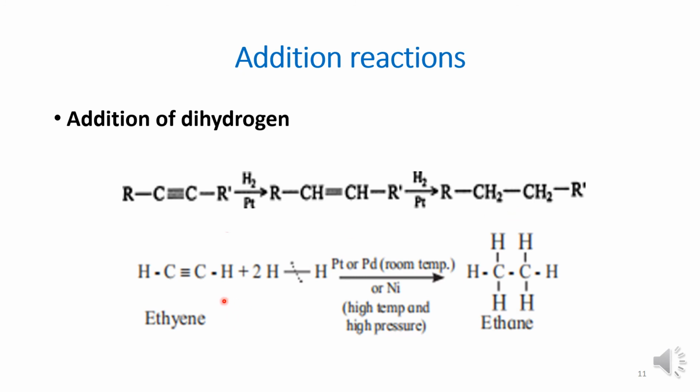Like ethyne treated with hydrogen: in presence of palladium or platinum catalyst at room temperature, it will finally give you ethane. If you are taking nickel catalyst in this reaction, you have to provide some temperature as well as pressure to the reaction.